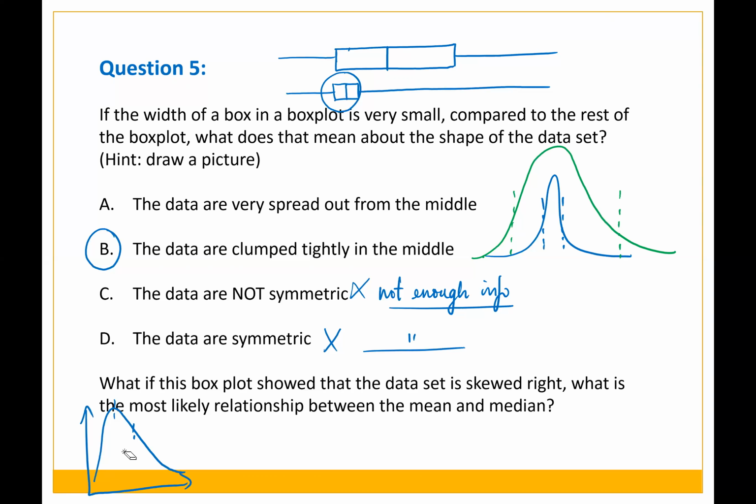The mean and the median. If it's skewed right, you're going to have more of the small values. Okay, it's the other way, if you look at the online notes.